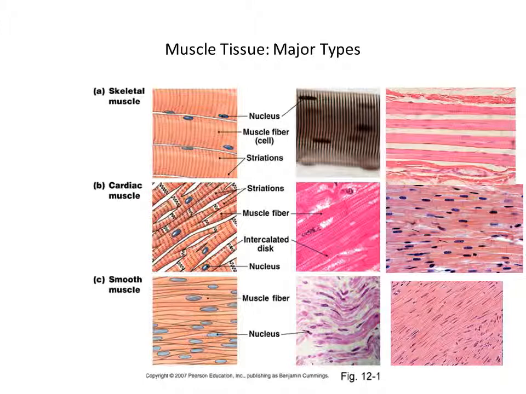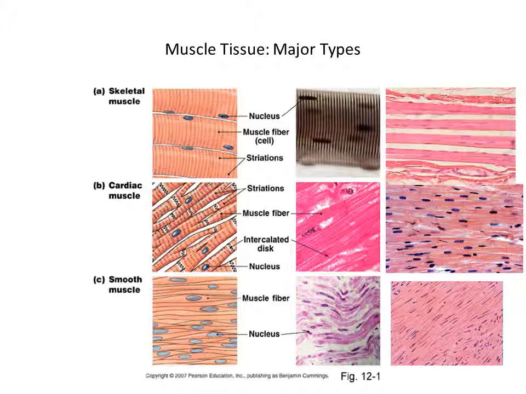So cardiac muscle and smooth muscle beat on their own. Cardiac muscle does it all in sync, and the reason that they can do that is because they have these series of gap junctions called intercalated discs. This allows communication of the ion gradients within the cell, so that when one decides to fire or contract, they all do.